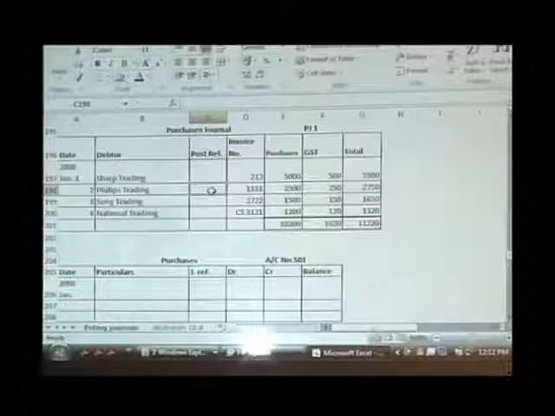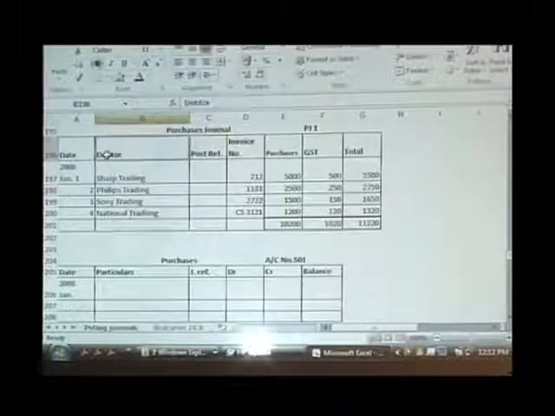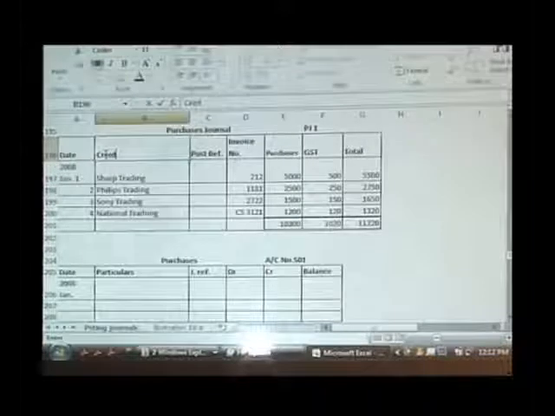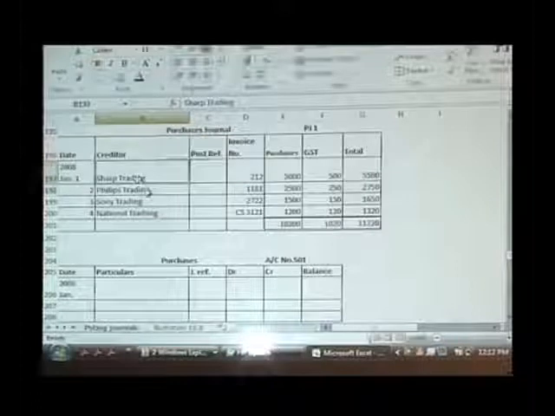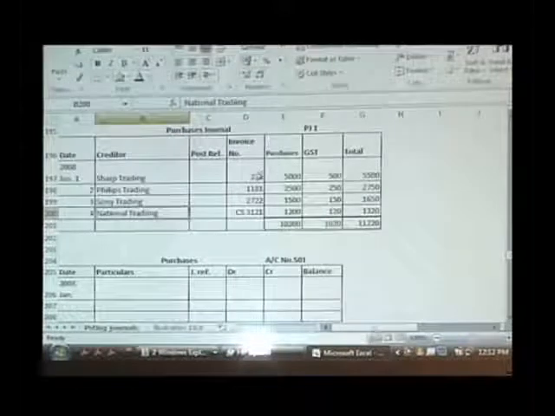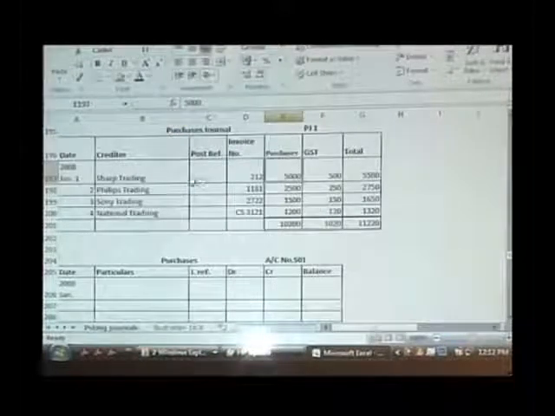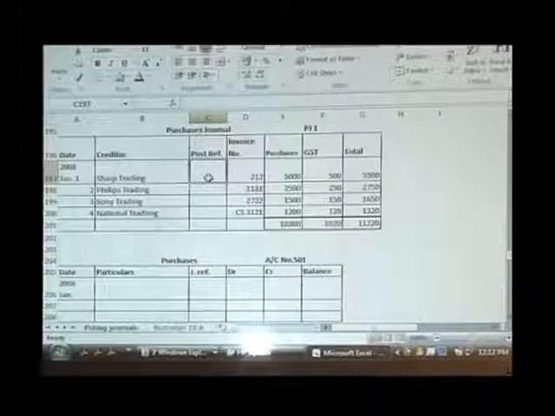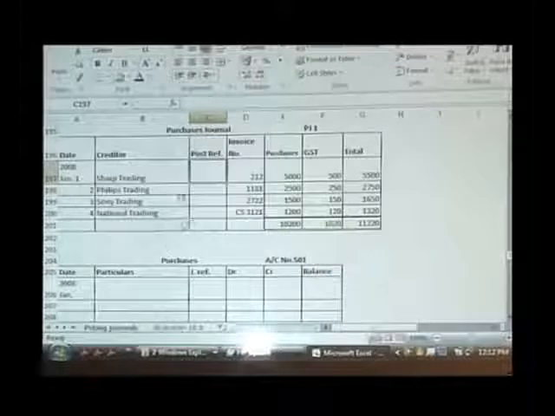The individual amounts, these are creditors, amounts are posted individually.